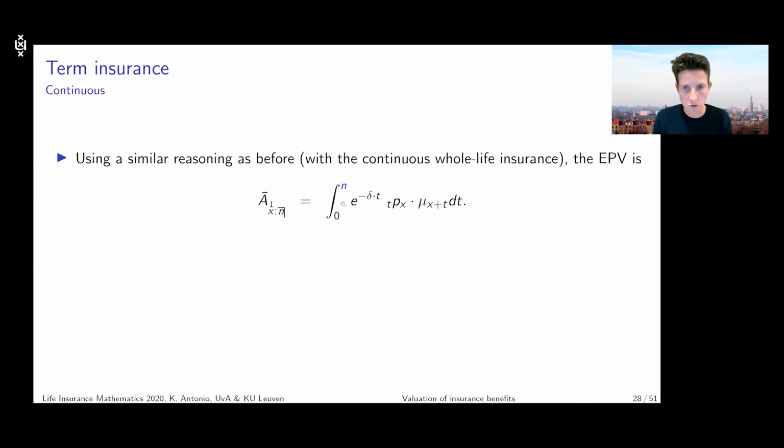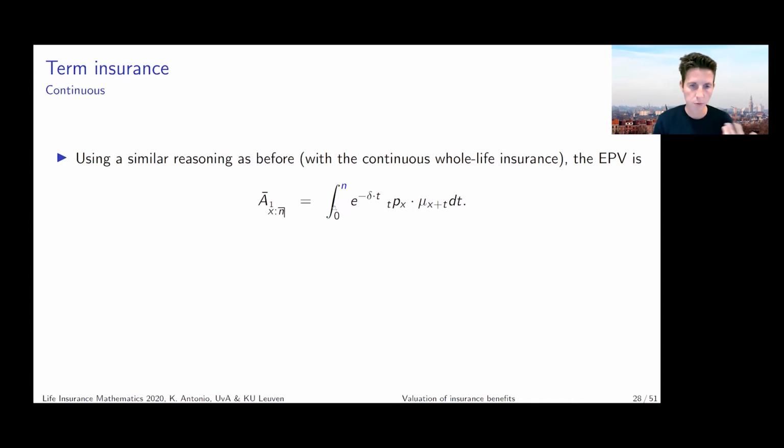The only thing that is changing in my integral notation for this particular product is that I do not take the integral until plus infinity or until omega minus x, but I take the integral up to duration n, right? Because the €1 benefit is only payable if death occurs within this time period of n years since the moment that my policyholder reached age x.